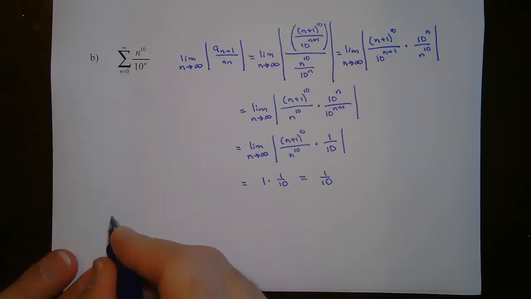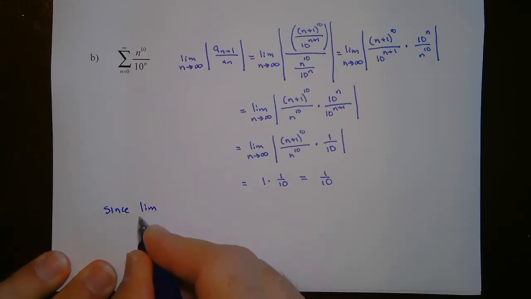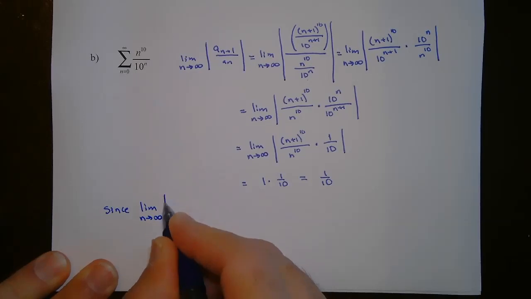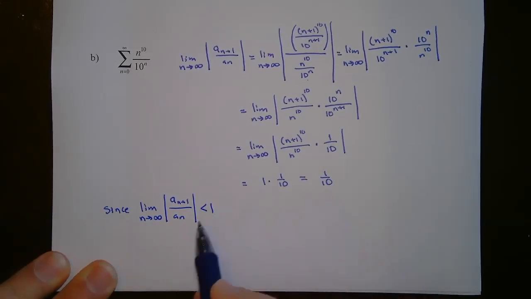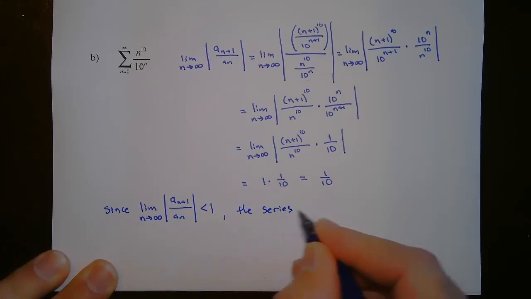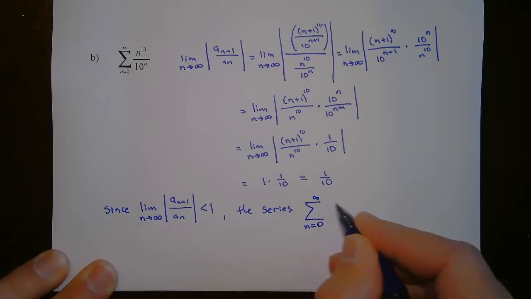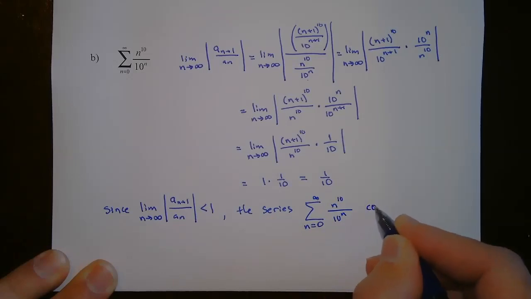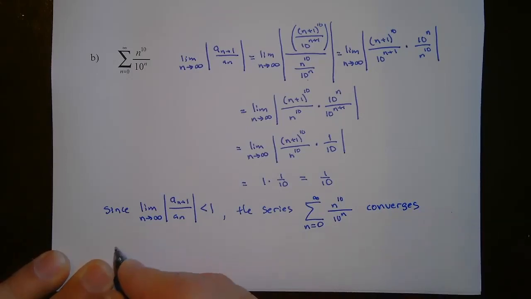So since the limit as n goes to infinity of the absolute value of a sub n plus 1 over a sub n is less than 1, because it's 1/10, the series sigma n equals 0 to infinity of n to the 10th over 10 to the n converges by the ratio test.